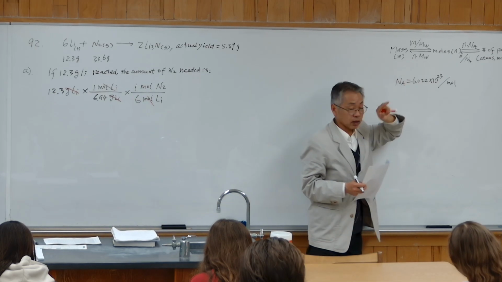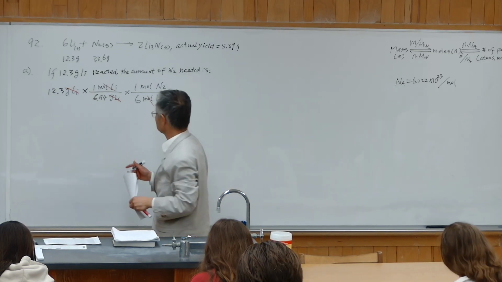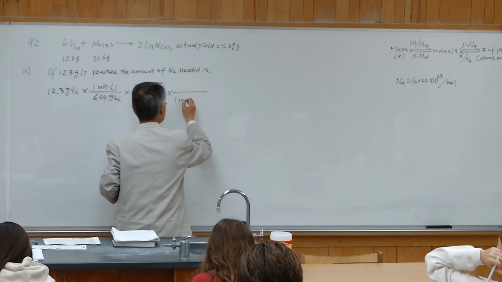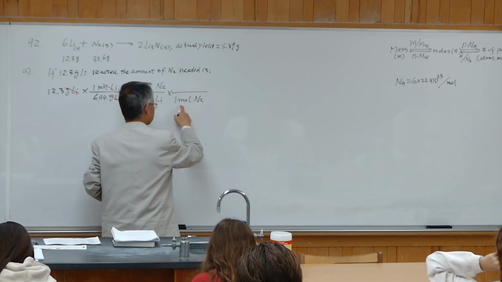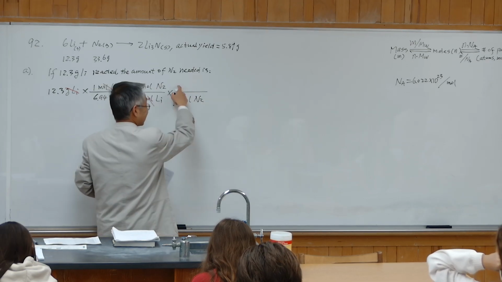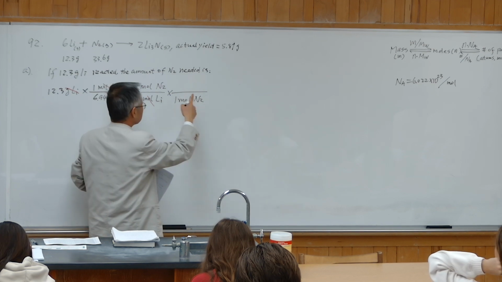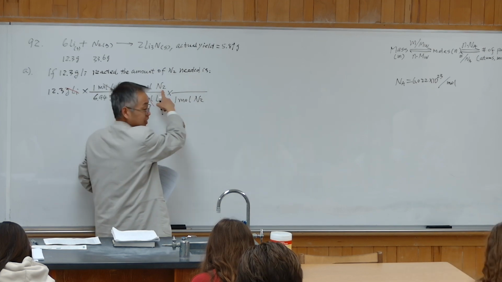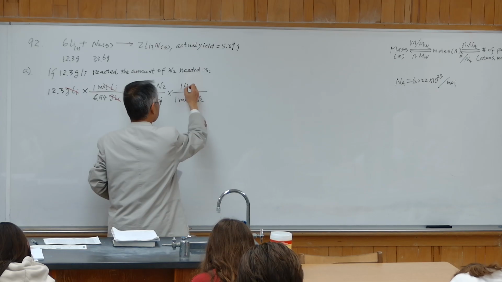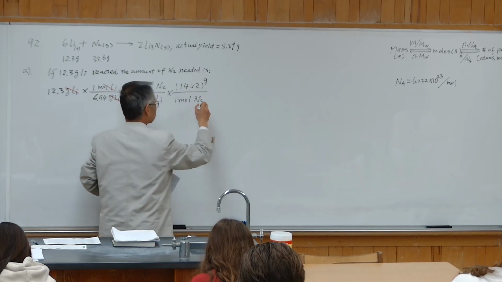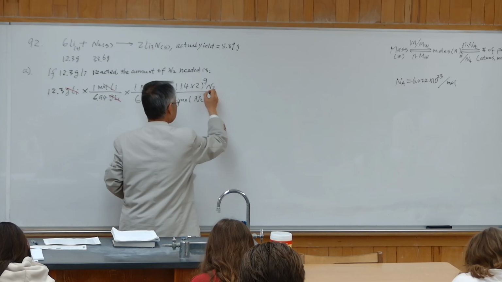Mole is multiplied by molar mass, so we multiply by the molar mass of nitrogen. Mole in the bottom cancels, leaving mass on top. Nitrogen, from the periodic table, is 14, but this is N2, so 14 is just for N. 14 times 2 is the molar mass of nitrogen gas.